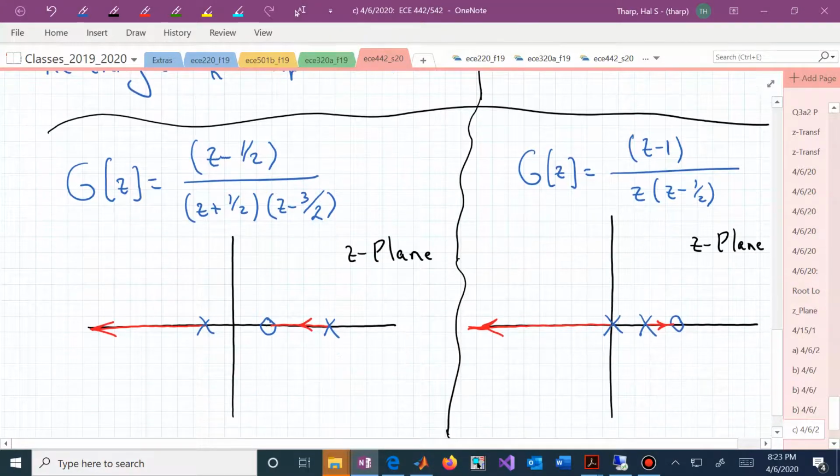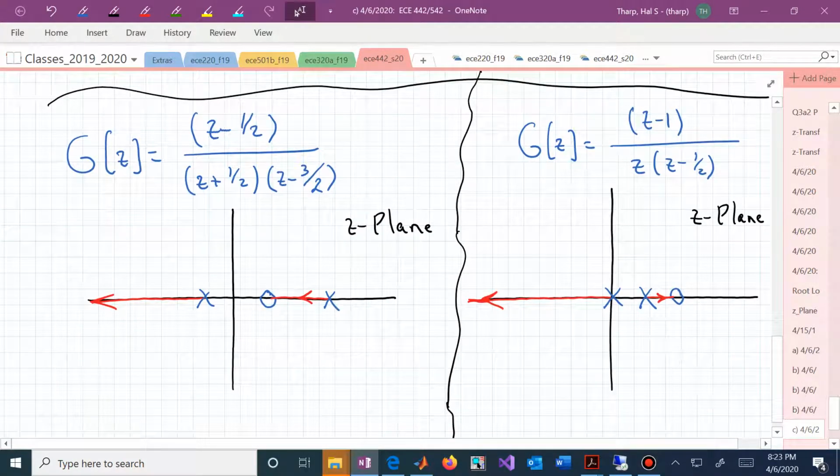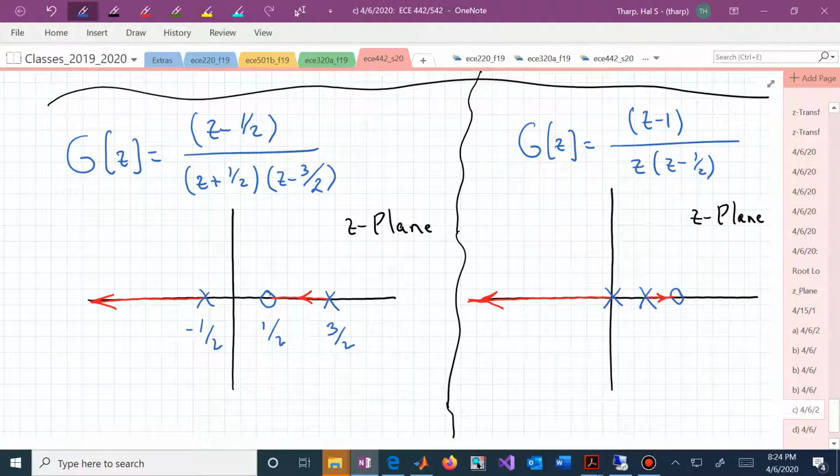A couple more diagrams as examples. Suppose now we have a pole at 3/2 and another pole at -1/2 and a 0 at 1/2. We have an infinite 0, 1 0 at infinity. The branch to the left of -1/2 is going off to minus infinity.